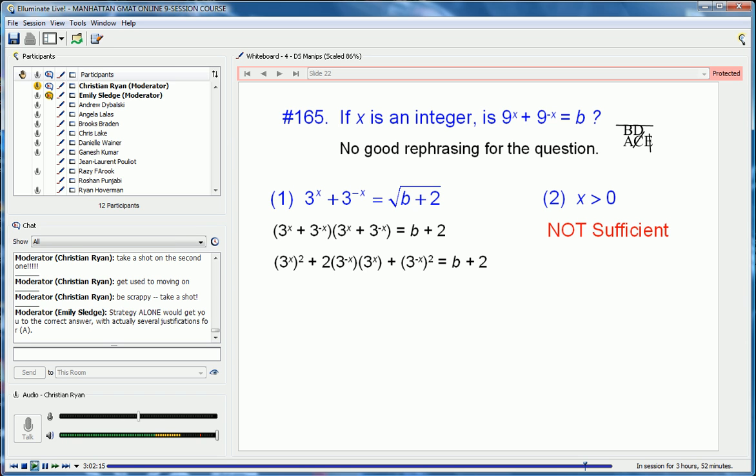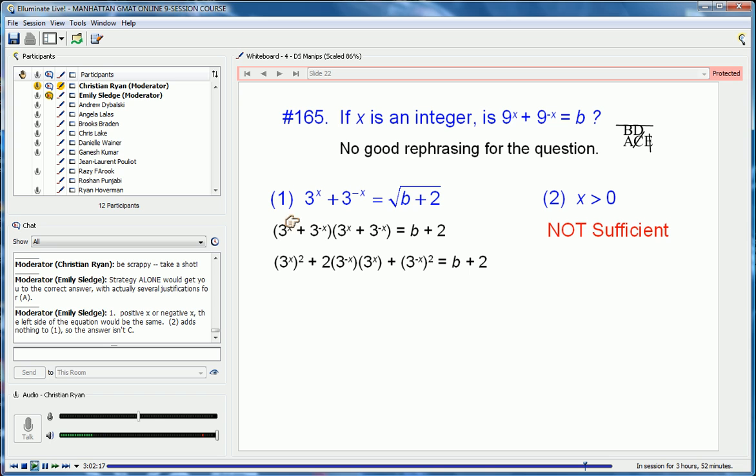Now, when I actually FOIL out this thing, or I know my special products, I get 3 to the x squared plus 2 times the cross product, as it's called, the 3 to the minus x times 3 to the x, and then 3 to the minus x squared. Now, applying my exponent rules, I can bring those exponents in on the outsides, 3 to the 2x here, and I sum these exponents.